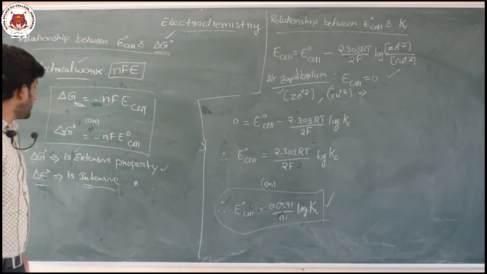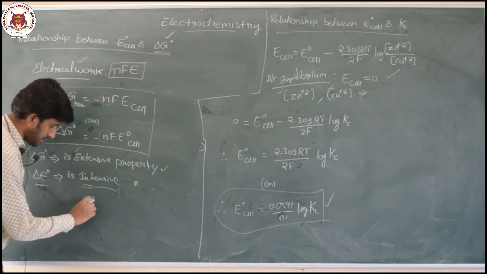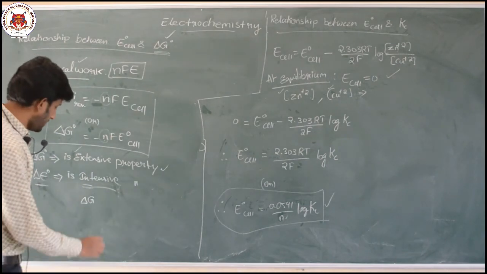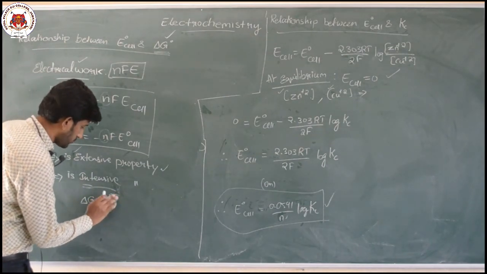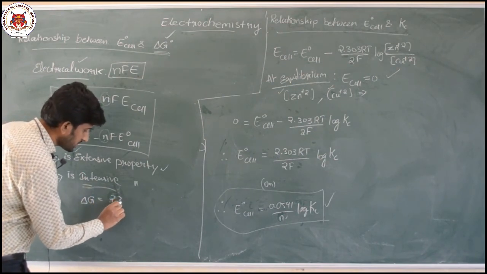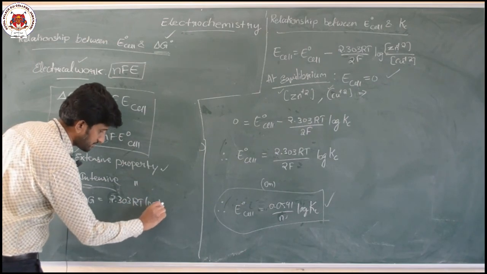And one more final relation between delta G and equilibrium constant. In first year, we have studied delta G is equal to minus RT ln Kc, or minus 2.303 RT log Kc.